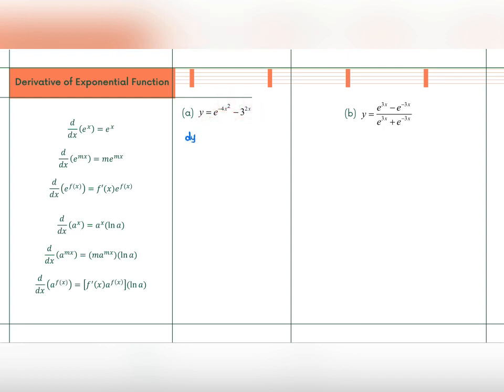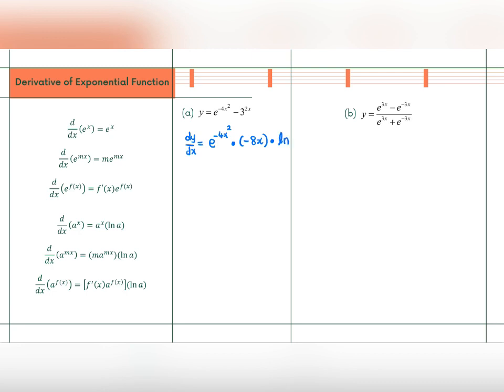So dy over dx will be equal to, untuk this one, salin, darab dengan differentiate power. Differentiate negative 4x squared, kita akan dapat negative 8x. Sebab apa? Power bawa pergi depan. So negative 8x multiply by ln of our base.